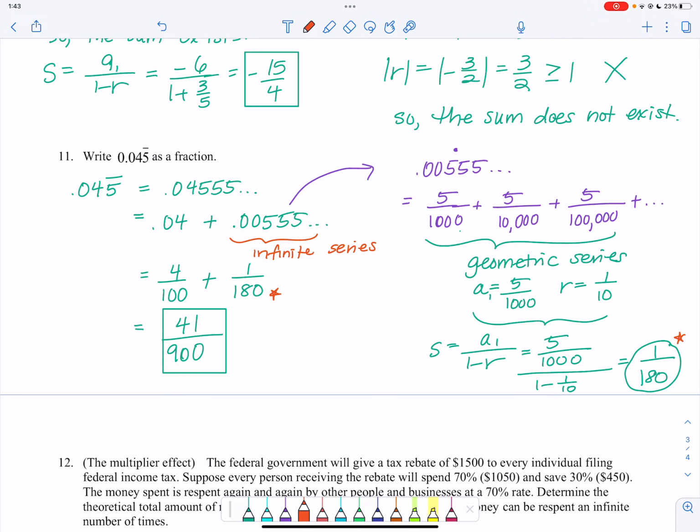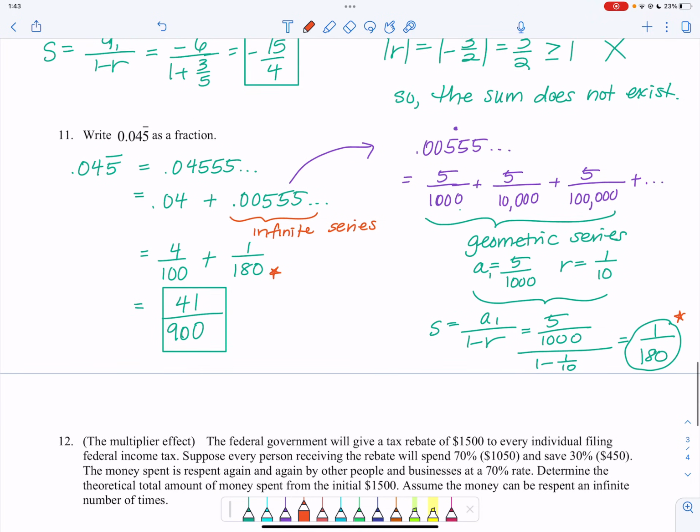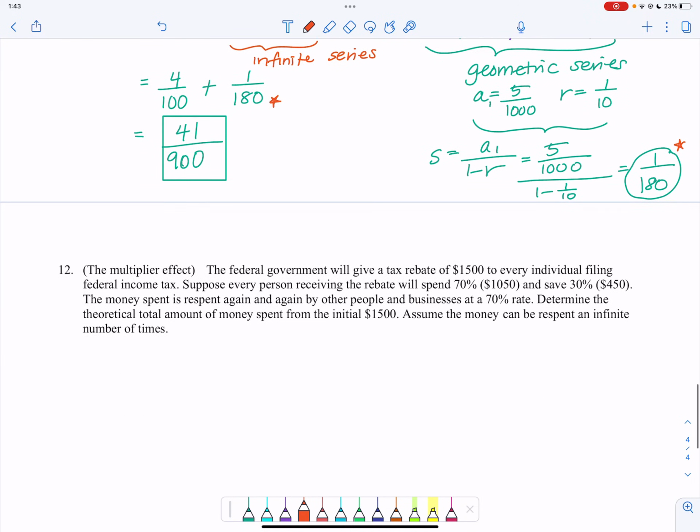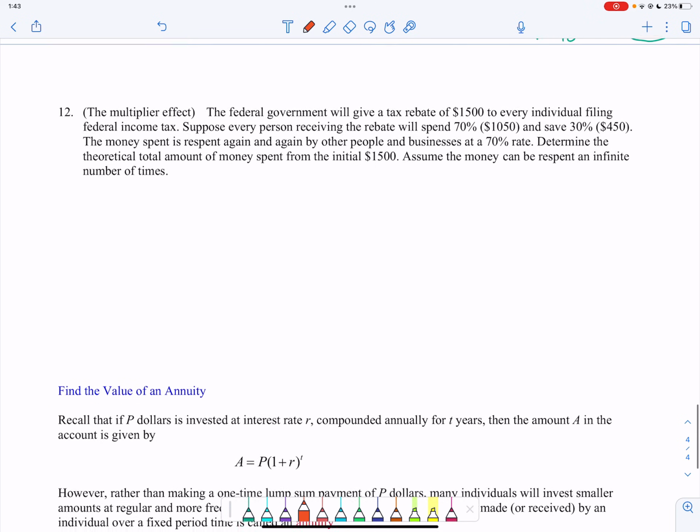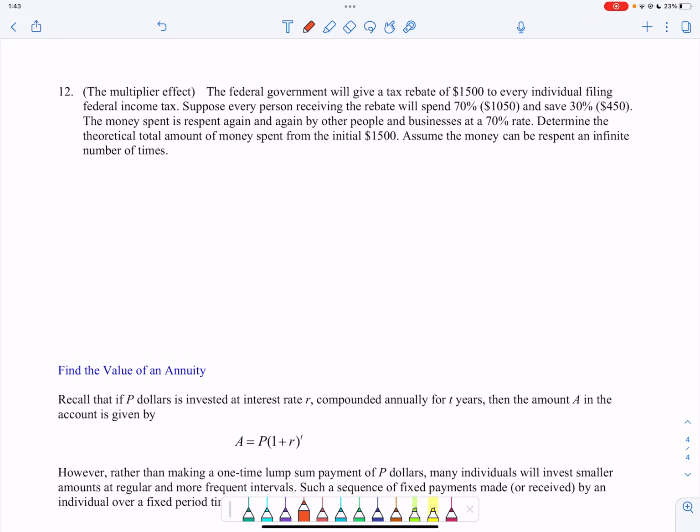Okay, we will now look at a couple application problems before we finish this section. The first is the multiplier effect. The federal government will give a tax rebate of $1,500 to every individual filing federal income tax. Suppose every person receiving the rebate will spend 70% of that $1,500 and save 30%.